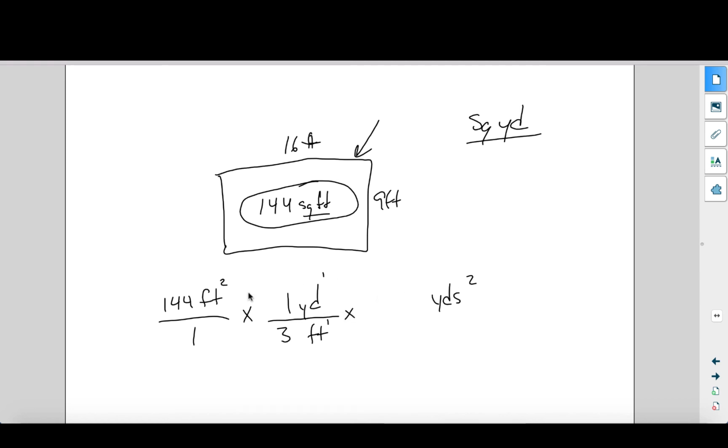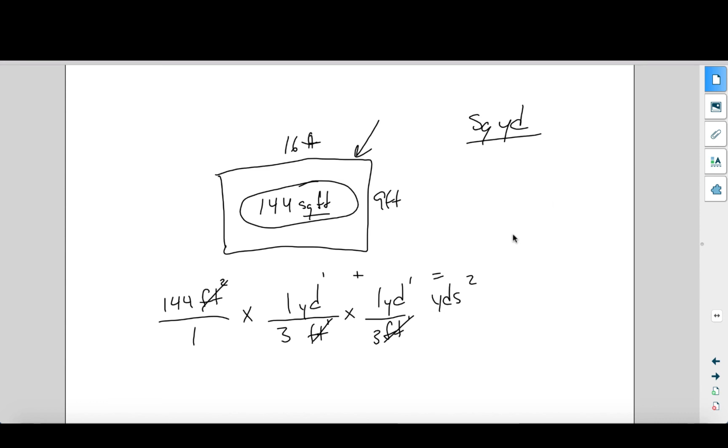Because it's squared, we have to do that same thing twice in order to get yards squared. See, yards 1 and 1, 1 plus 1 equals 2. There it is. Feet squared, there's 1, there's 2. So those all cancel off.